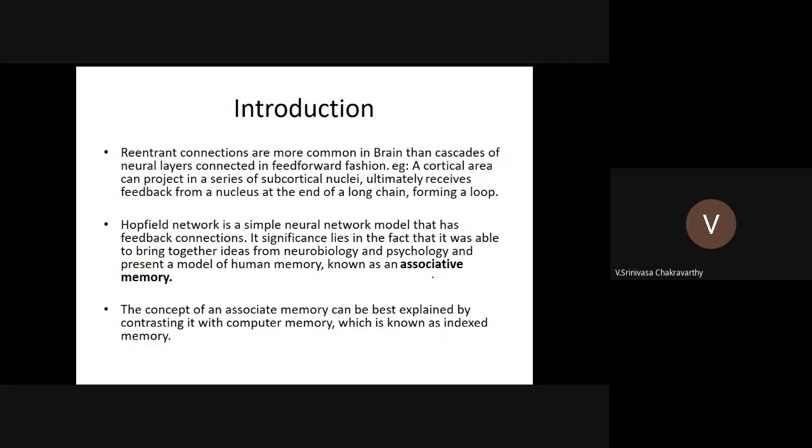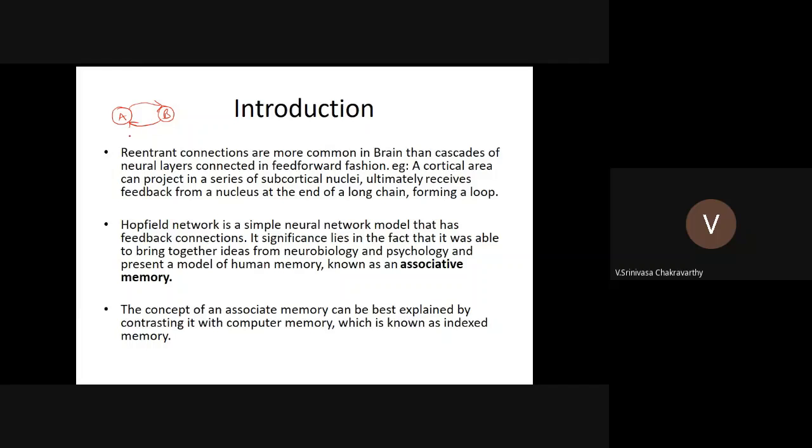These kinds of recurrent connections or reentrant connections, both mean the same, are very common in the brain. In the brain, very often you will find that if a region A projects to region B, then region B very often returns those connections. These are called reciprocal connections, like A to B and B to A. These are very common in the brain.